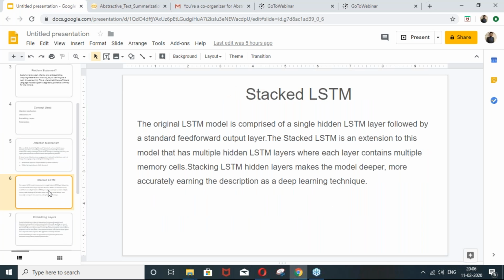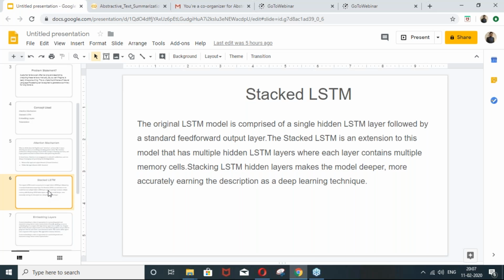The second one is stacked LSTM. I'm sure you might know about LSTM. So why stacked LSTM here? In LSTM we have a single hidden layer. The stacked LSTM is an extension with multiple hidden layers, and each layer contains memory cells.